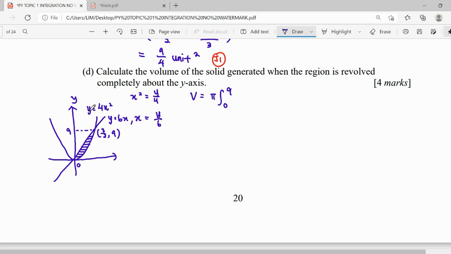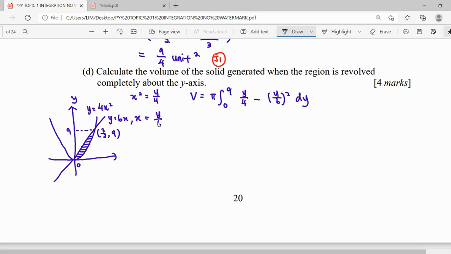The function on the right-hand side always minus the left one. You can see because this is the empty space. This empty space is generated by this line. So our solid volume comes from this quadratic. So this x squared will be y over 4, and then minus this line squared. So that line squared will be (y over 6) squared.